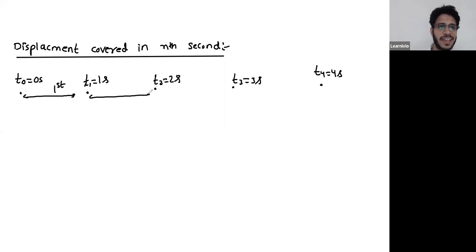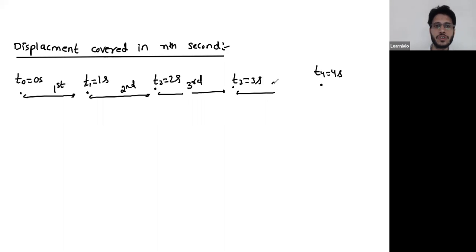When I say second, that means your interval is from 1 to 2, not 0 to 2. If I say 2 seconds, that means your interval is from 0 to 2. But if I'm saying second, that means it's just from 1 to 2. If I'm saying third second, 2 to 3.